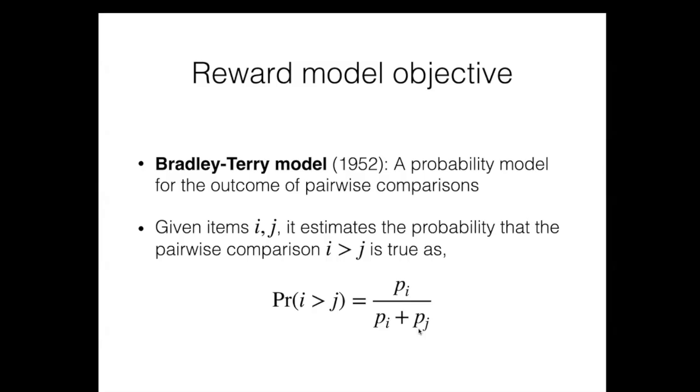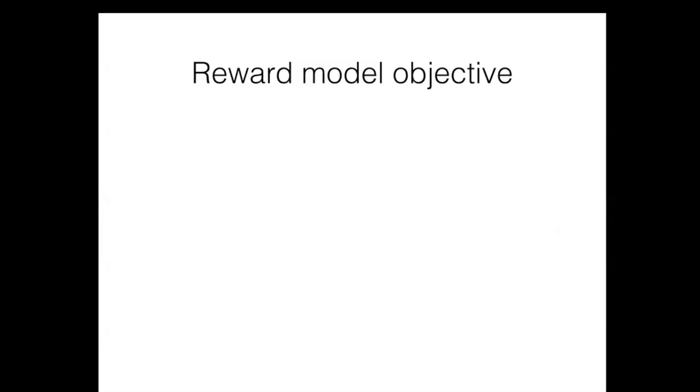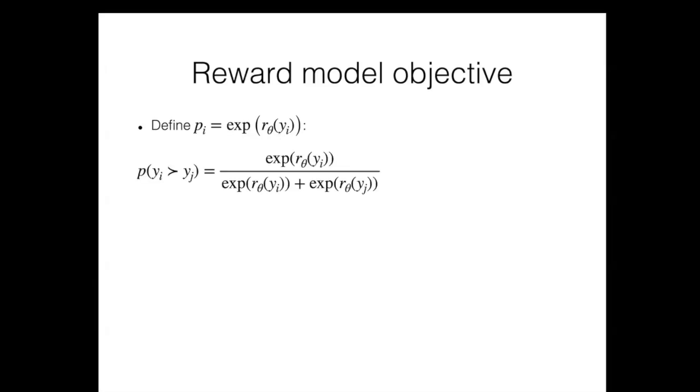What we could do is take this Bradley-Terry model and parameterize these probabilities using a neural network. This will be our reward model. We could say this P_i is a function of the score that the reward model gives us as output, and then the same for P_j. And now we get this fraction here.